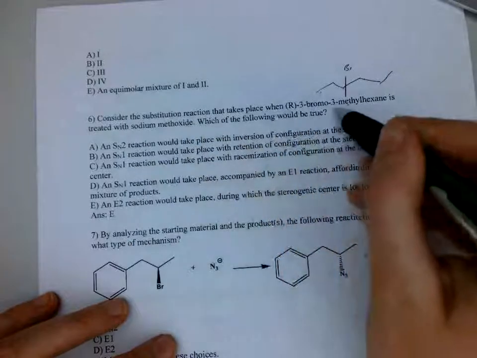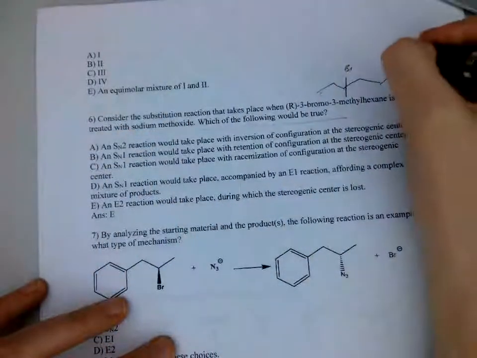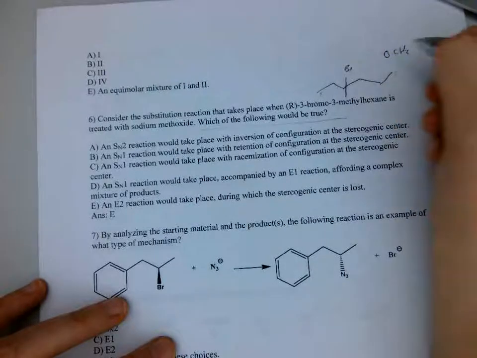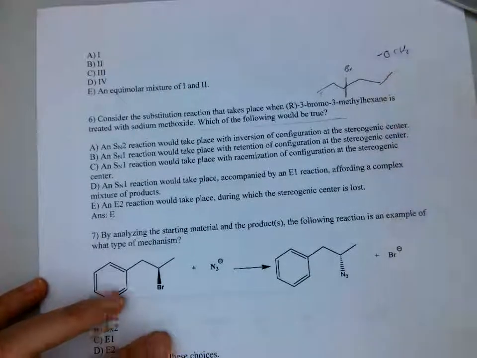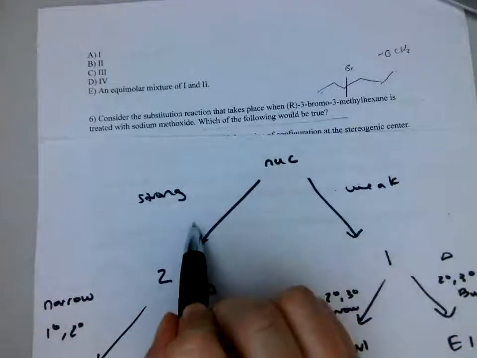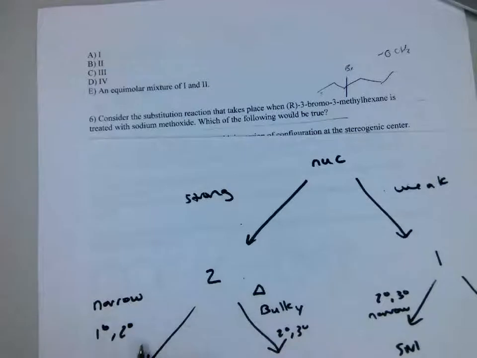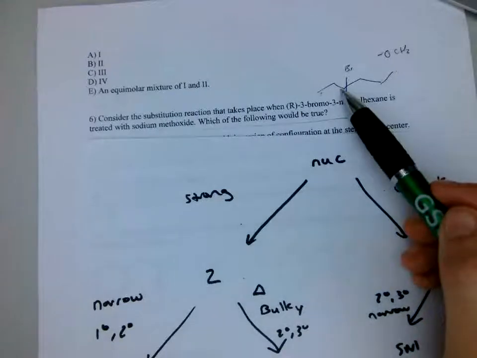Consider the substitution reaction that takes place with sodium methoxide, OCH3 minus. Which of the following would be true? Well, OCH3 minus is negative, so I'm going to assume it's strong. And then for the SN2 versus E2, this is a tertiary leaving group.